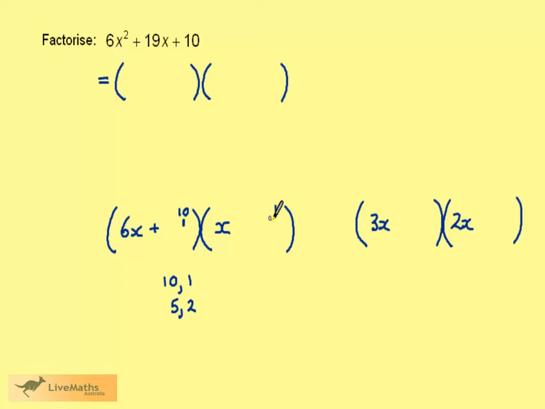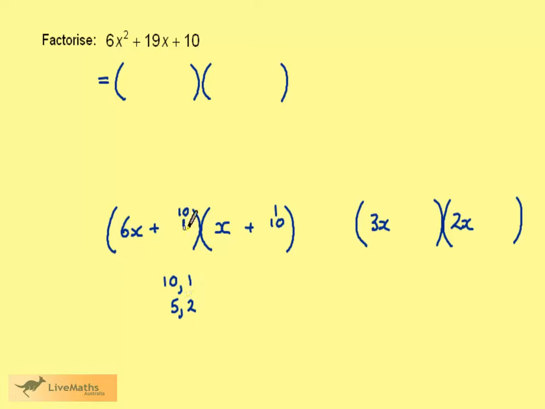We could have 1 and 10 with them in the opposite brackets. This would give me 1x plus 60x, which is 61x, so this is clearly not right.